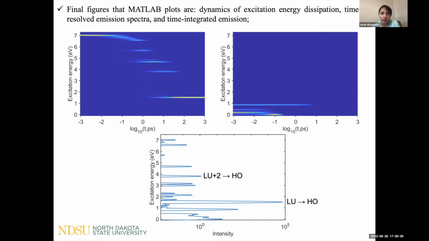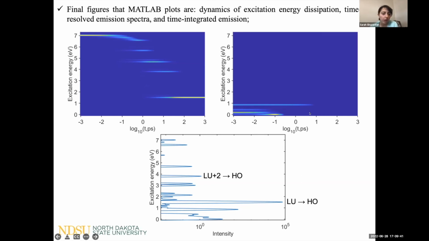On the top right is the emission spectra, and below it the time integrated emission. You can see that each peak corresponds to a specific transition. In my case, the highest intensity for the excitation energy corresponds to the LUMO to HOMO transition.